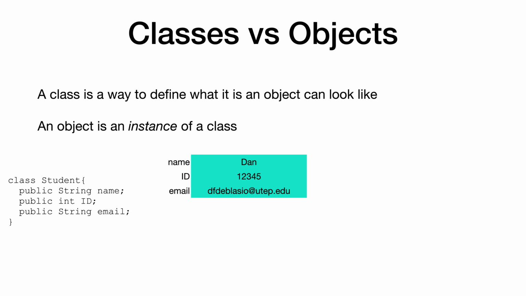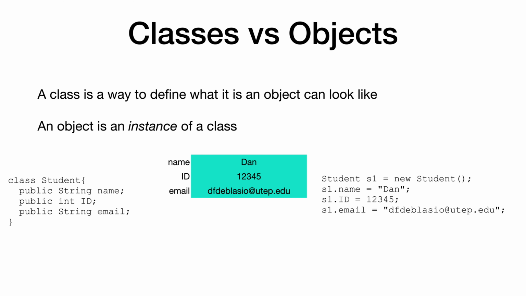So an individual record might be something like this, where this particular instance has a name of Dan and an ID of that number and an email address associated with it. And so this is an instance of the class, right? They're related, obviously, but one is an instance of another, and we might define it using some code in Java.